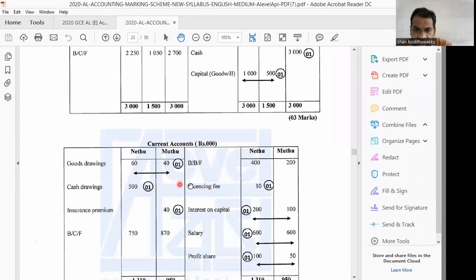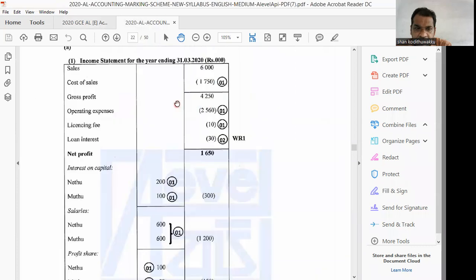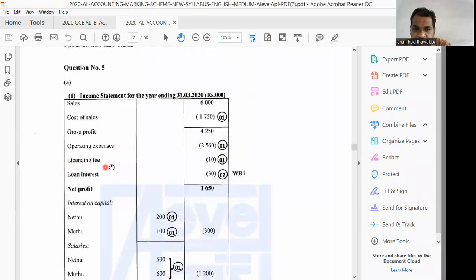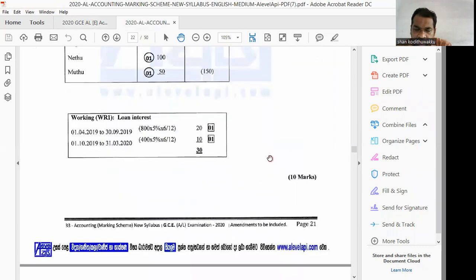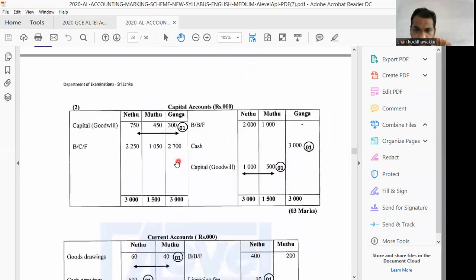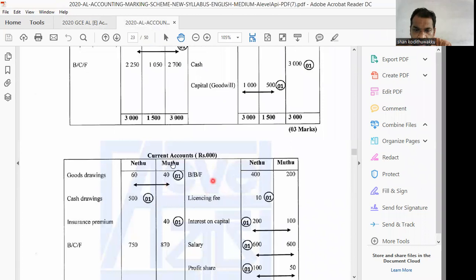That is 10. Licensing fee, Nethu 10. It goes to Nethu's current account. It belongs to Nethu. Right, 10. As it is an expense, we debit to income statement saying licensing fee 10, the expenses, and as it belongs to Nethu, then we credit to current account Nethu 10 saying licensing fee.